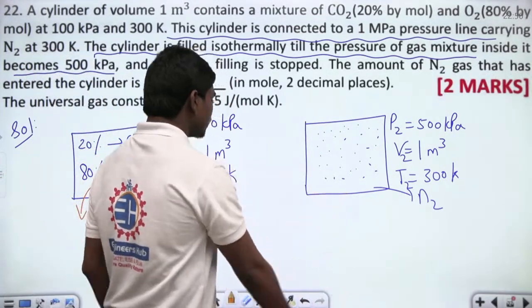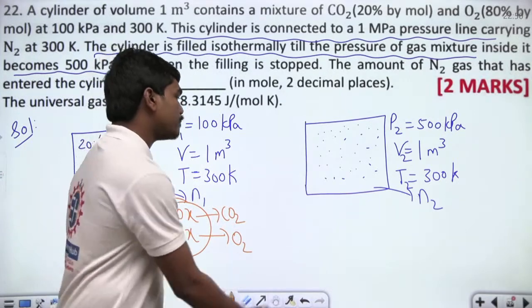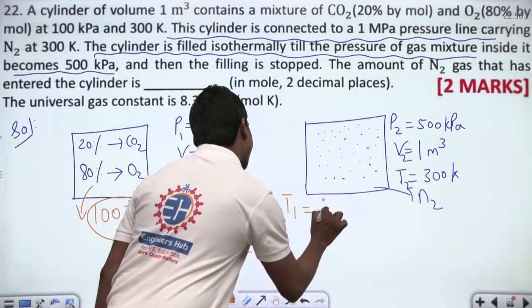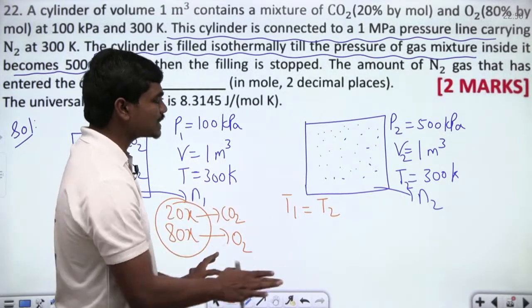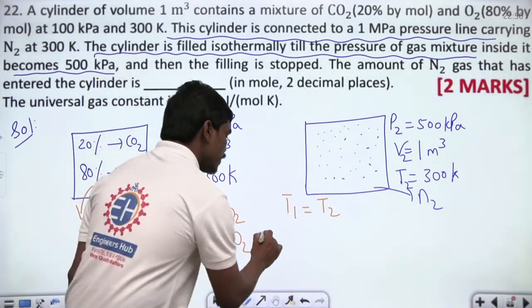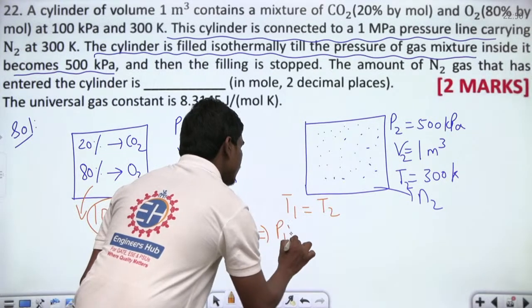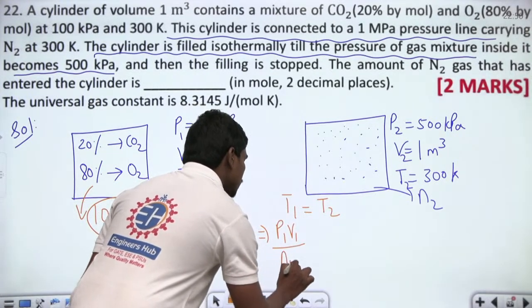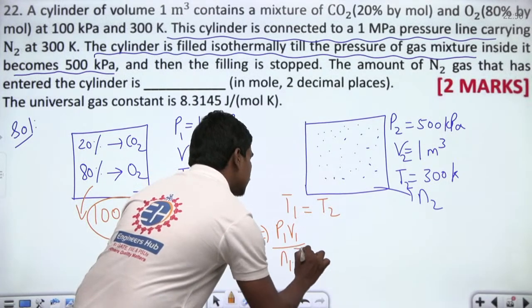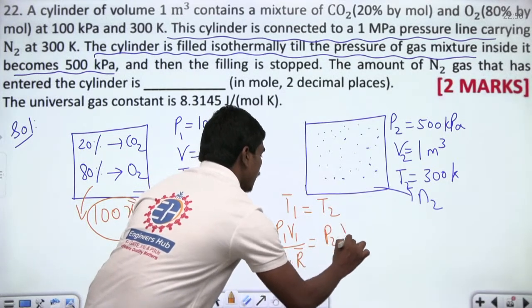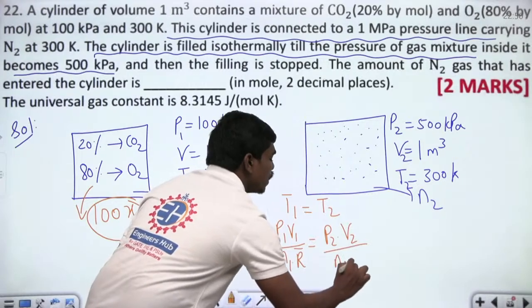Now, since both are mixtures of ideal gases, can we write temperature 1 is equal to temperature 2 because the tank is filled isothermally? If you apply the ideal gas equation individually for both the cylinders, we have P1 V1 by N1 R bar, which should be equal to P2 V2 divided by N2 R bar.